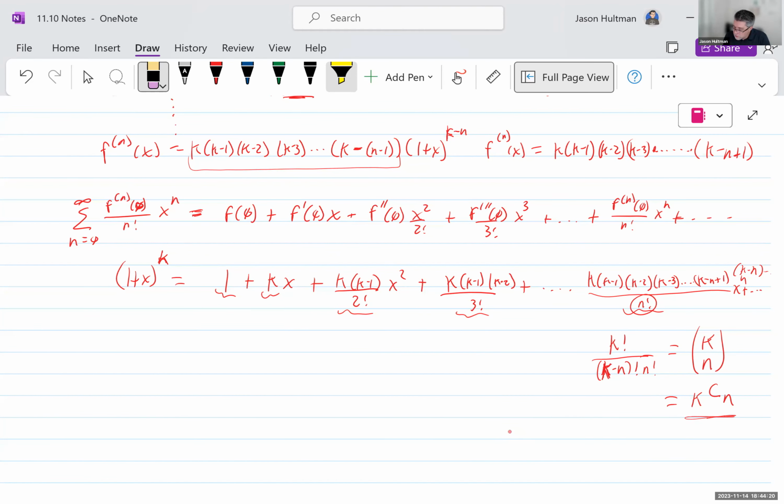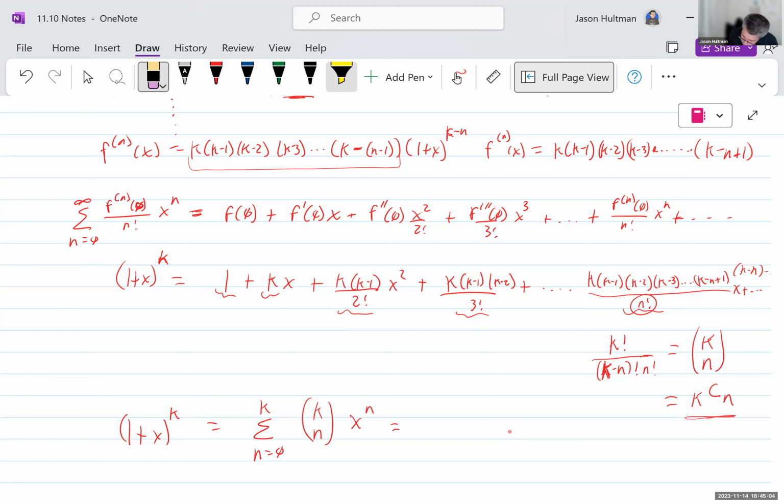And so we can rewrite this thing, 1 plus x to the k power, as the summation as n equals 0 up to k of k choose n, of x to the nth.